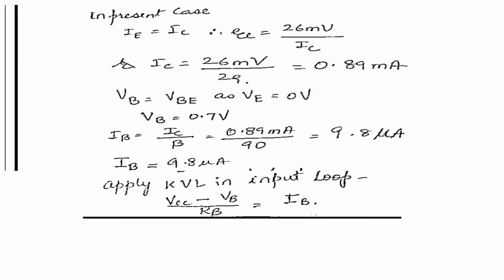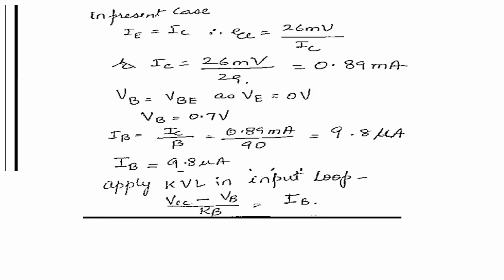RE we already calculated 26 millivolts upon IC. So knowing the value of RE, you can find out IC. So IC is equal to 26 millivolts upon 29. So it comes out to be 0.89 milliamperes.